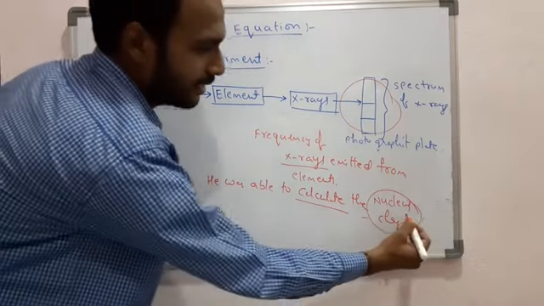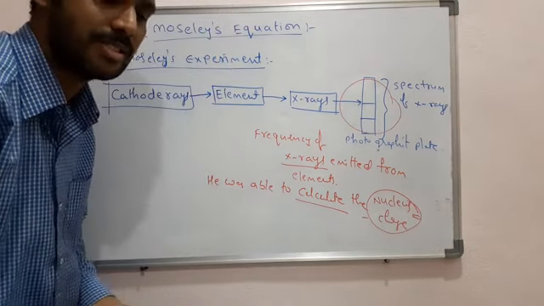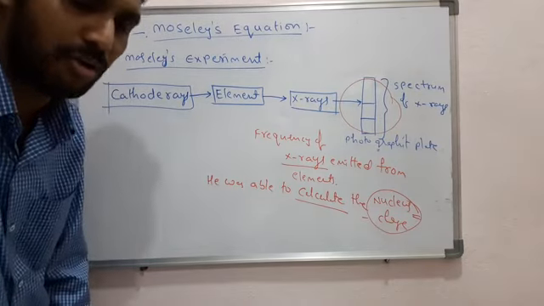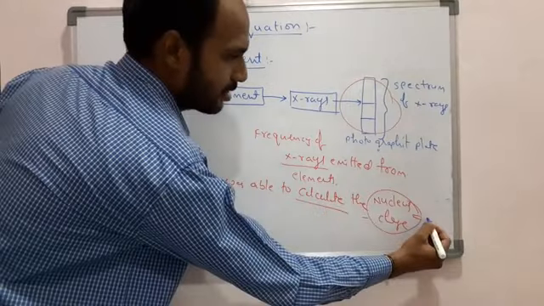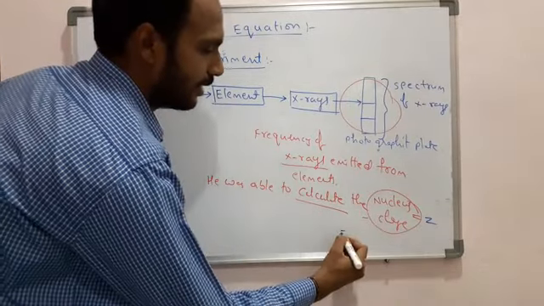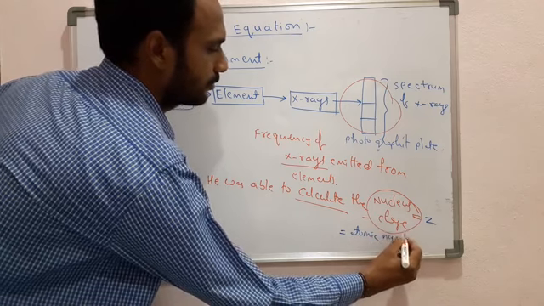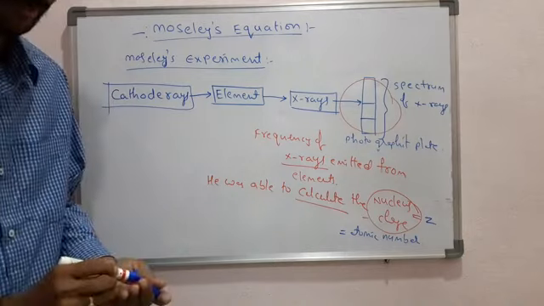And he said that the nuclear charge is the fundamental property of elements, and the nuclear charge is nothing but Z, which is equal to the atomic number.